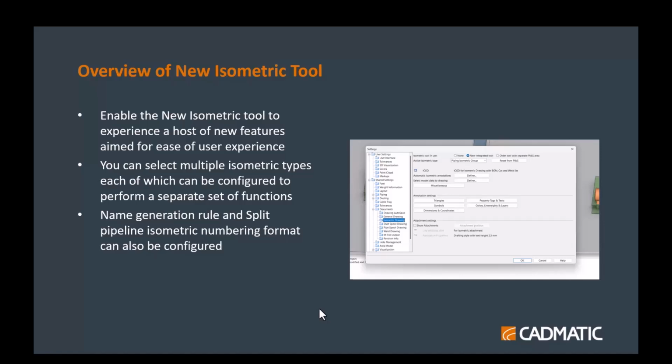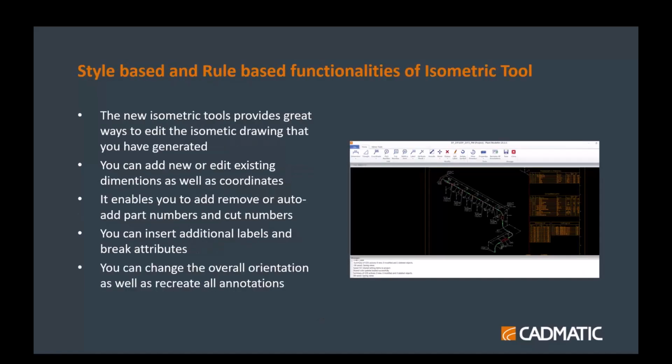Moving ahead from the overall overview of the new isometric tool, we proceed to the style based and the rule based functionalities of the isometric tool. The new isometric tool provides us great ways to edit the isometric drawing that we have just generated. We can add or edit the existing dimensions as well as the coordinates. It also enables us to add or remove or even auto add the part numbers and the cut numbers, the weld numbers.